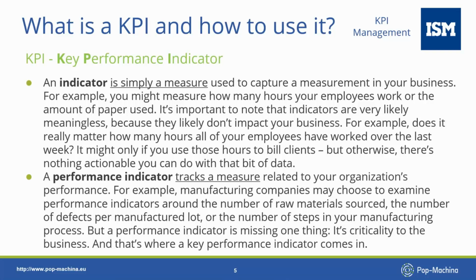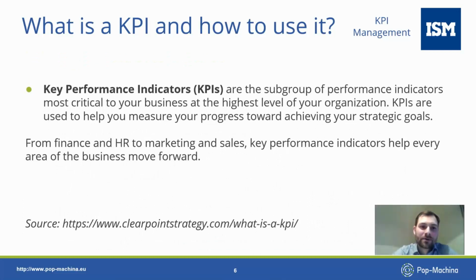And that's where the key performance indicator comes in. Key performance indicators are the subgroup of performance indicators most critical to your business at the highest level of your organization. KPIs are used to help you measure your progress toward achieving your strategic goals. From finance to HR to marketing and sales, key performance indicators help every area of a business move forward.